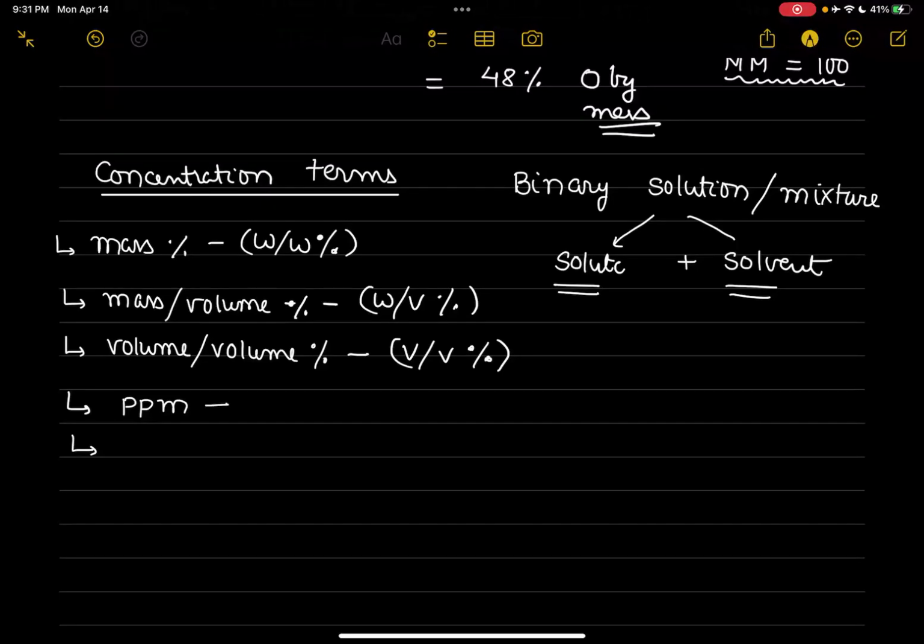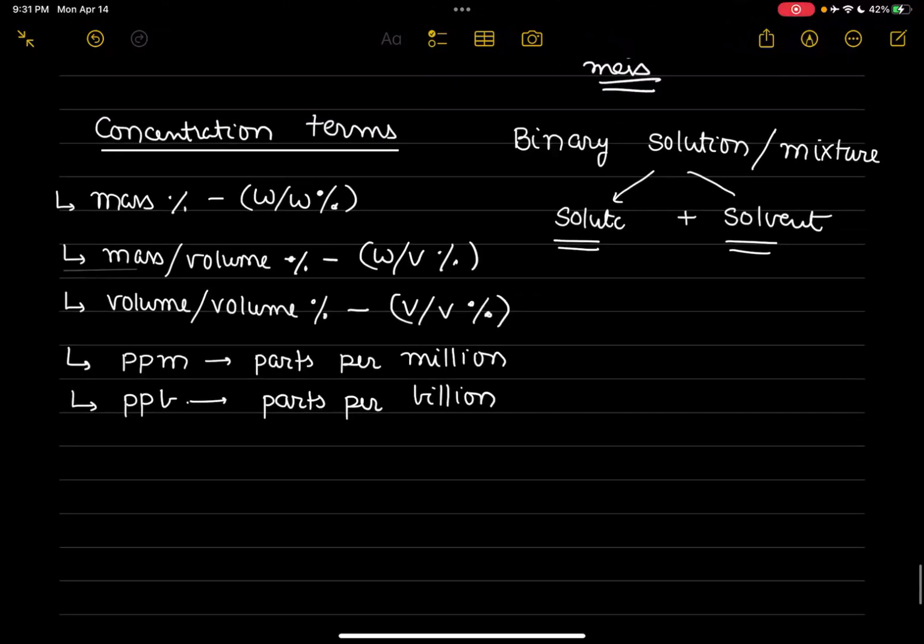What is ppm? So what does parts per million and billion mean? I will explain.